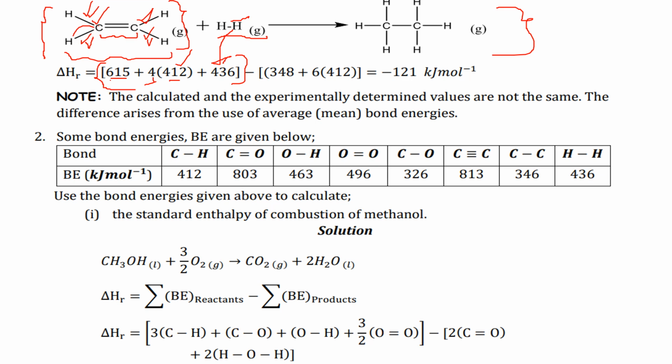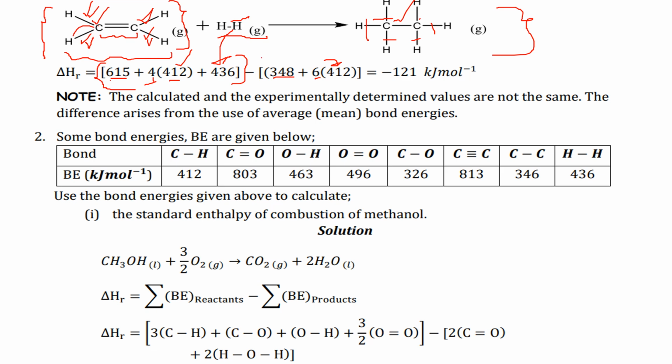And then we subtract the summation of the total bond energies of our product. If you look at our product, we have only one carbon to carbon single bond, that's why you're having 348, and you're having 6 carbon to hydrogen single bonds, and that's why you're having 6 multiplying the energy value for a single carbon to hydrogen bond.